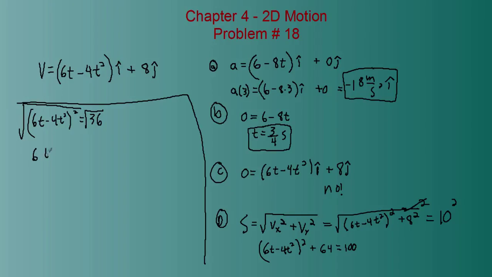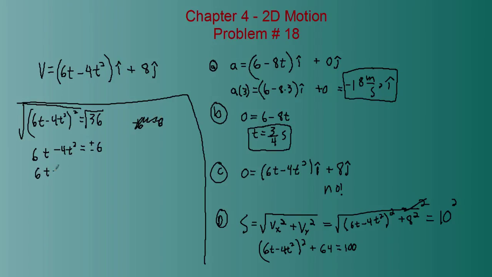We get 6t minus 4t squared equals, now tricky thing, we'll want to call this plus or minus 6. I'm sure you've seen this at some point in your math careers. 6 squared gives us 36, but negative 6 squared also gives us 36, positive 36, because a negative times a negative is a positive.